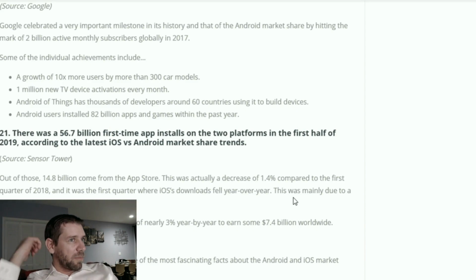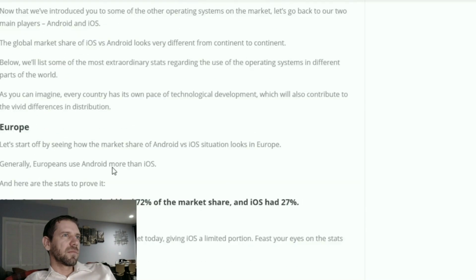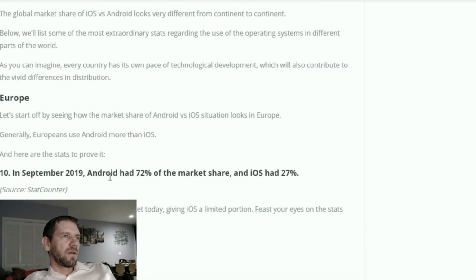But the second quarter saw a bounce back of 3% year over year. So, in conclusion, okay, this article's trash. I don't know why I pulled it up. The statistics are a little bit confusing, actually.